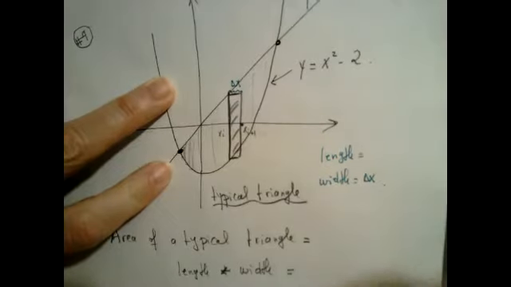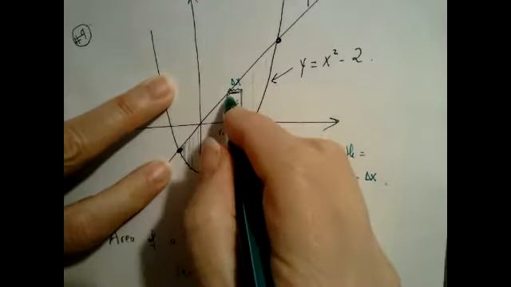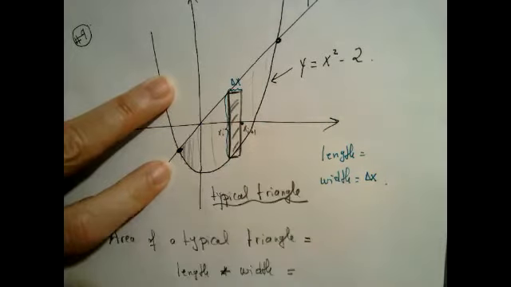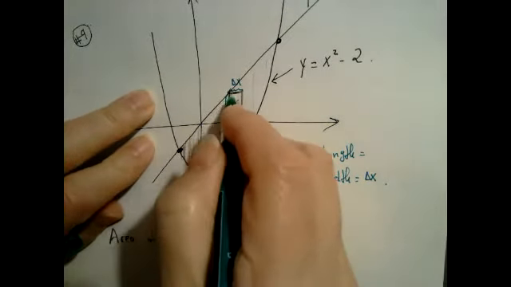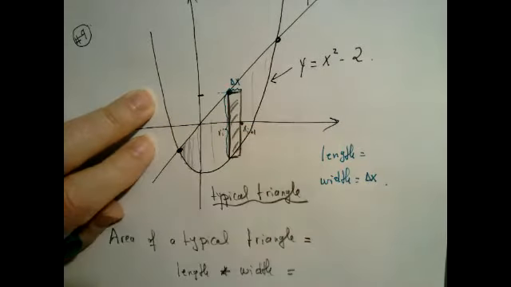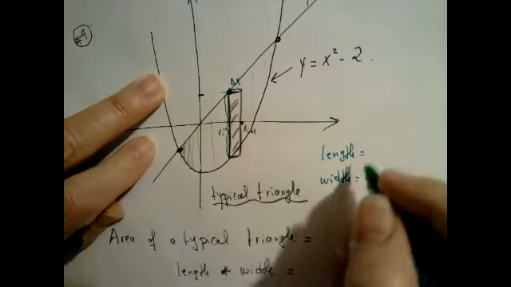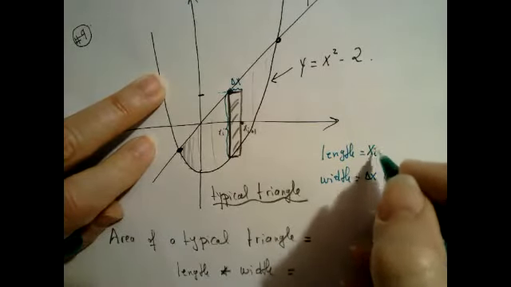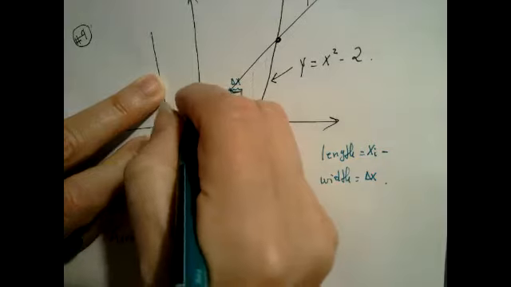Now, what is the length of this rectangle? The length is from here to here. It's the value at the upper function. The upper function is y equal to x, so it's the value at the upper function, which is xi.